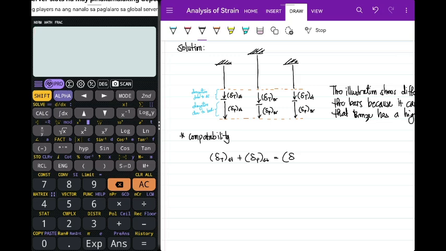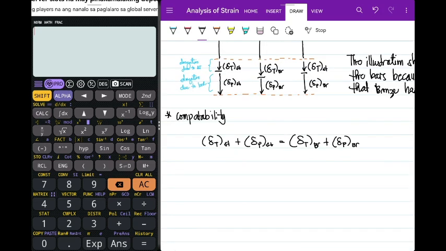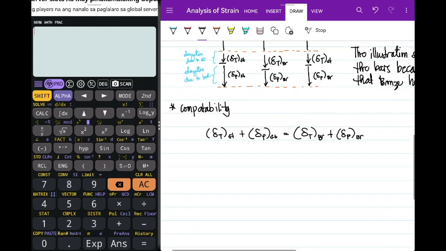However, although it has different projected thermal elongation, once the block is applied, meaning we will now be considering the elongation due to the applied load, still our three bars will exhibit the same downward movement, okay, the same level, right?